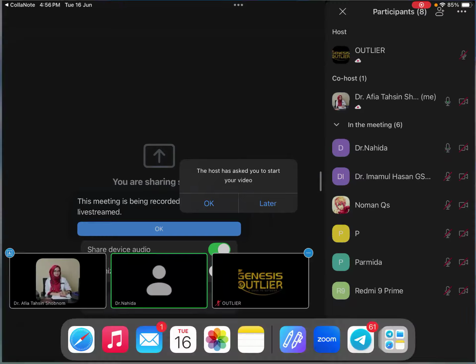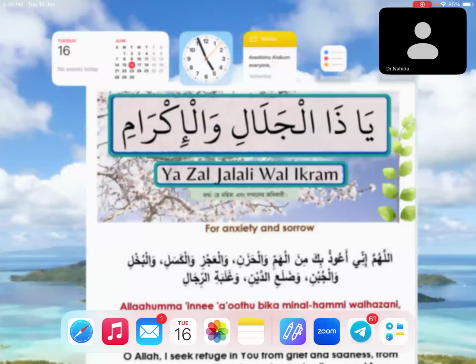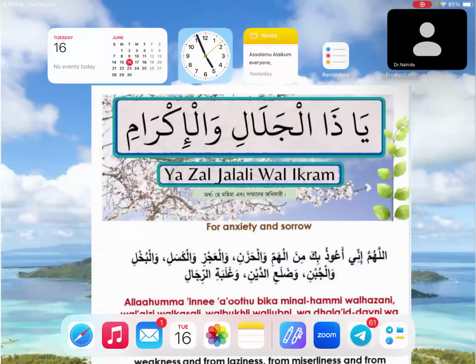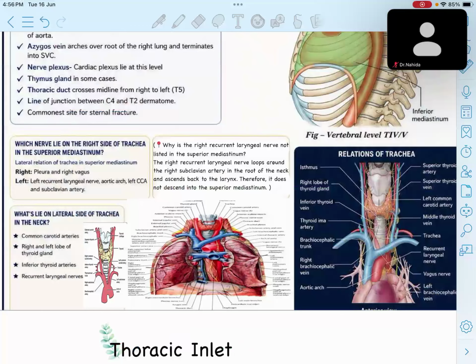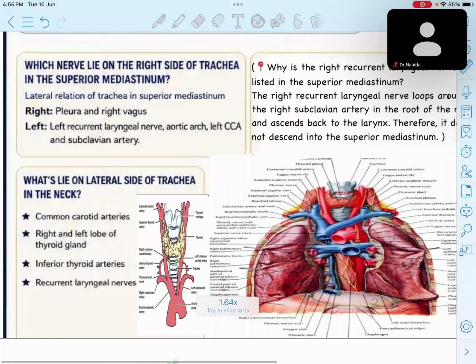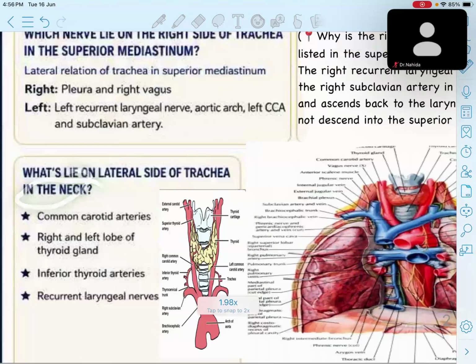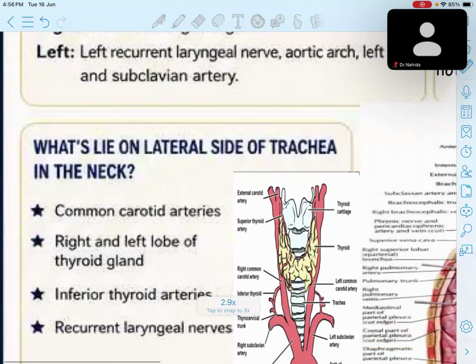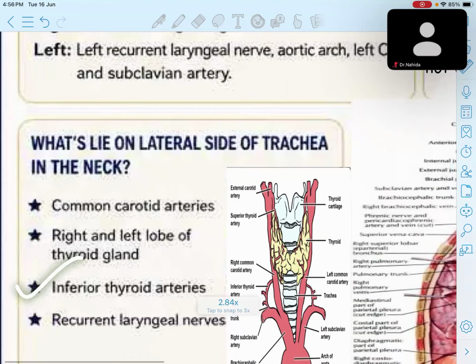Okay. Then let's continue. So, the next concept is the lateral side of trachea, relation in the neck. So it is easy. In neck, you will get common carotid arteries, right and left, lobe of thyroid gland, inferior thyroid arteries, and recurrent laryngeal nerve.